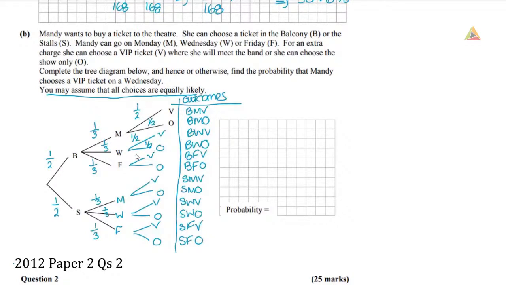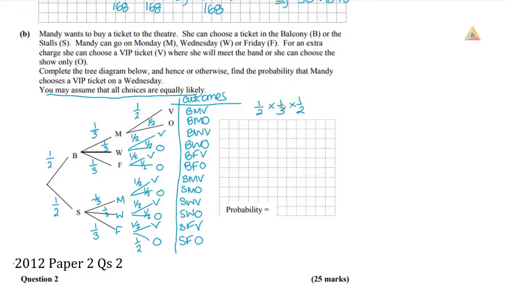So we'll often have to fill in our probabilities on our branches. So that's what we're showing here in this lesson. But in this case, we can just assume that they're all equally likely. So what I could do to work out the probability of the balcony and a Monday and a VIP would mean multiply. So I'd be saying a half by a third by a half.